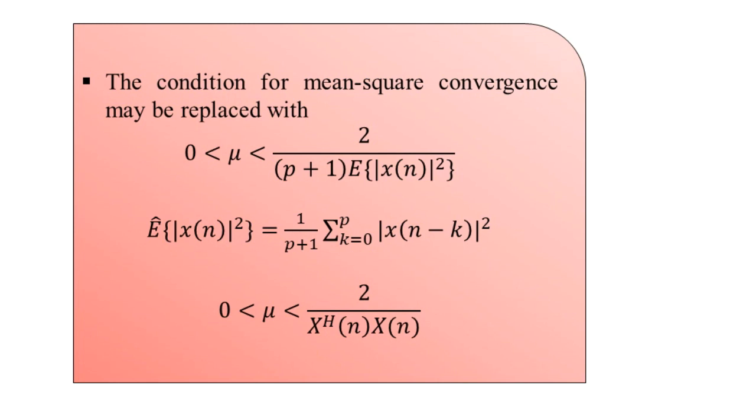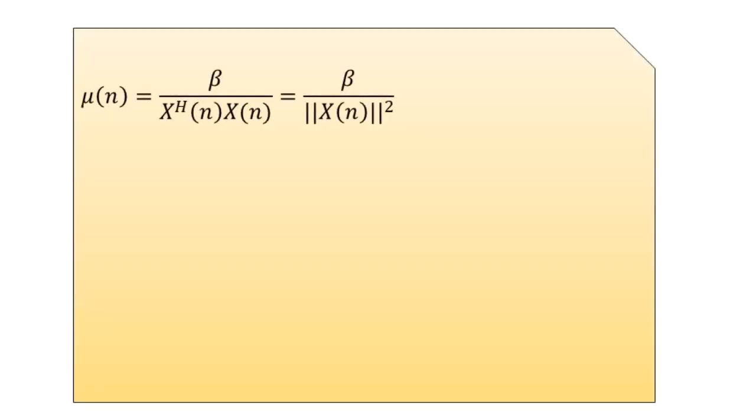Now, one convenient way to incorporate this bound into the LMS adaptive filter is to use a step size of the form mu of n equal to beta divided by the Hermitian of x of n multiplied by x of n. We can also represent it as beta divided by the square of the norm of x of n.